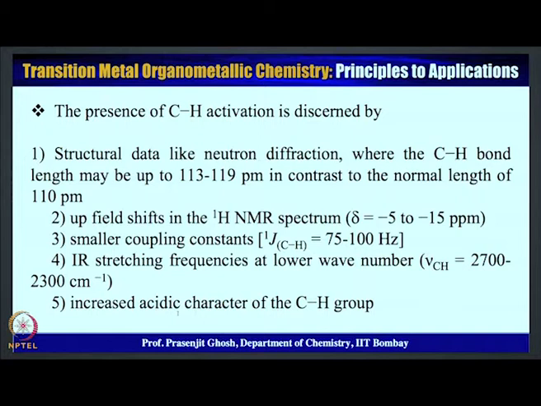Now, X-ray is not the only way to ascertain the presence of CH activation. Sometimes in X-ray it is difficult to obtain the data for hydrogen atoms, and hence neutron diffraction becomes more useful than X-ray for discerning CH activations. And there are other spectroscopic techniques which will allow us to understand the presence of CH activation.